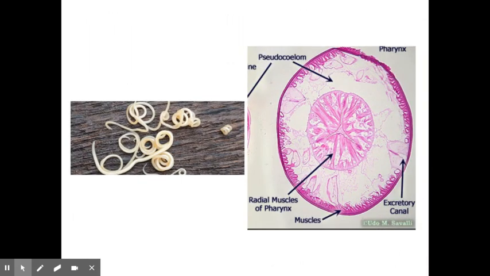They're unsegmented. They're tapered on both ends. Some of them are parasitic. Pinworms you may have heard of. Those are roundworms. And then this diagram on the right shows you the cross section. So you can see the pink body wall, and then you can see that fluid-filled space. And again, it's that fluid that provides the false body cavity. If that fluid goes away, so does the body cavity.